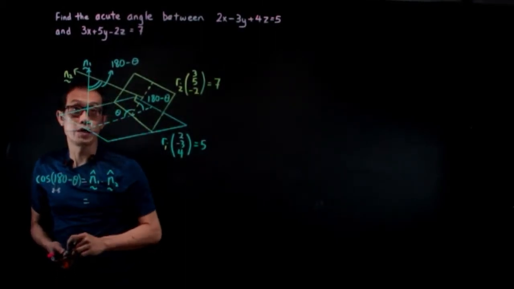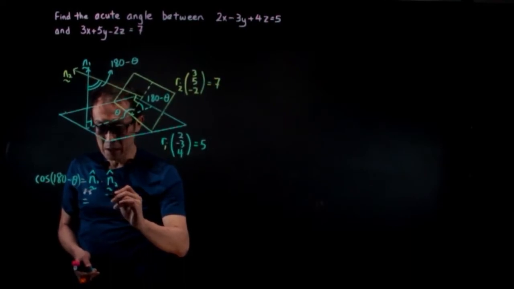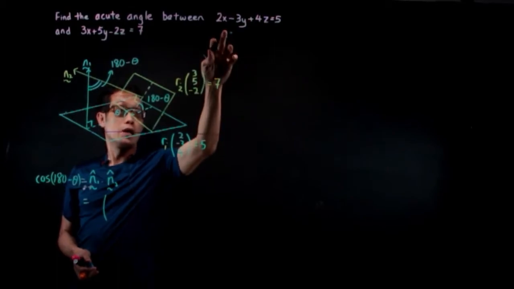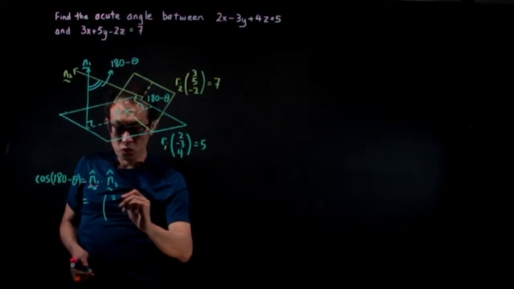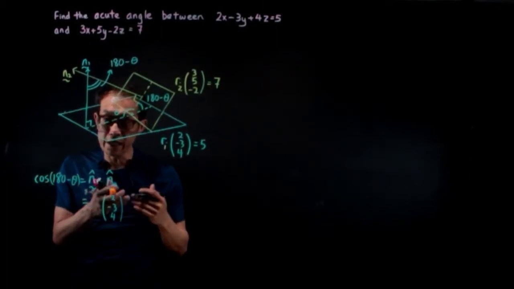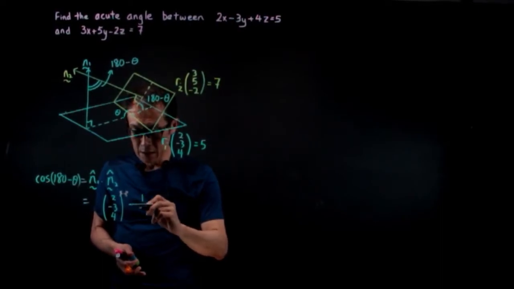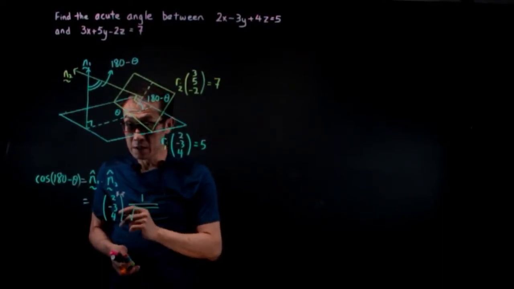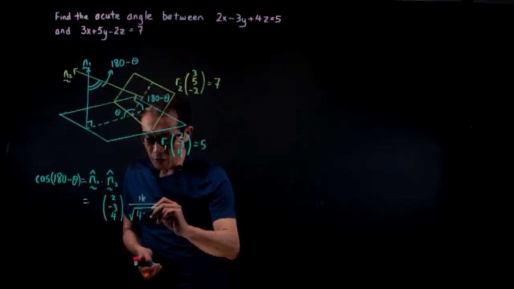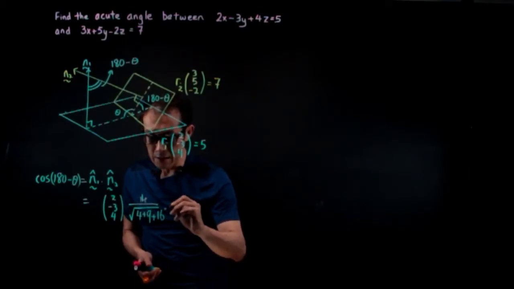So what is the unit vector of n1? n1 is 2, minus 3, 4. I have to divide it by its magnitude to change it to a unit vector. The magnitude is the square root of 2 squared, which is 4, plus 3 squared, which is 9, plus 4 squared, which is 16.